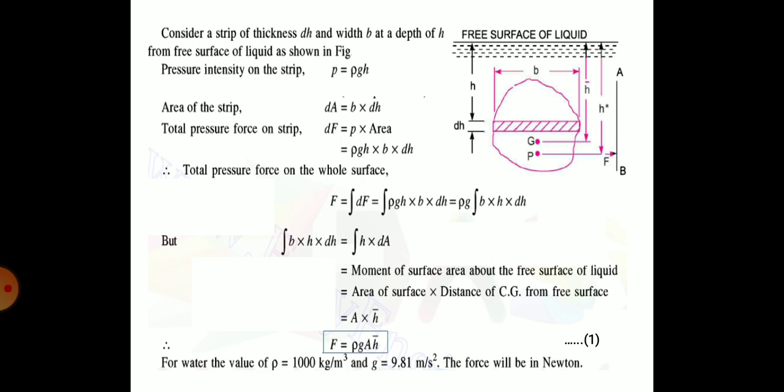Therefore, the total pressure force on the whole surface, that is F, is equal to rho into g into A into H bar. For water, the value of rho is 1000 kg per meter cube and g is equal to 9.81 meter per second square, and this total pressure force is in Newton.